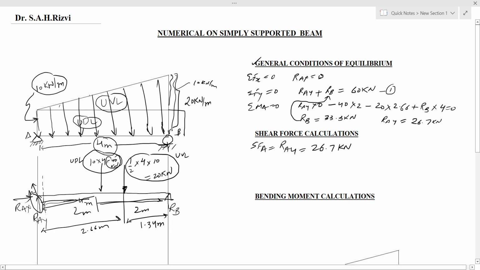Now when we are moving from point A to point B, there are three more forces: 40 kilonewton, 20 kilonewton and RB.